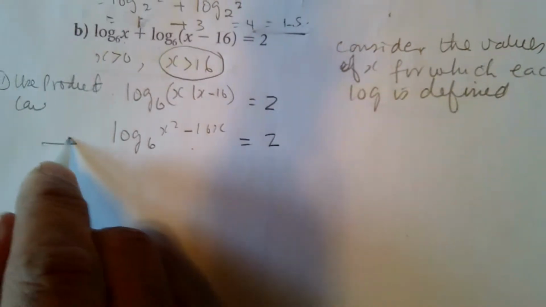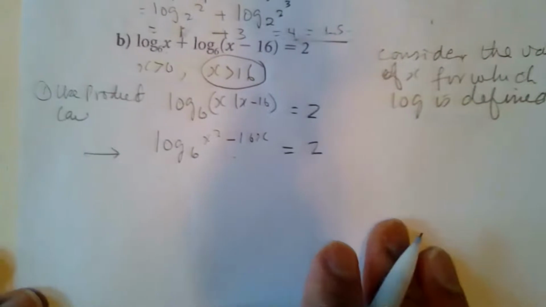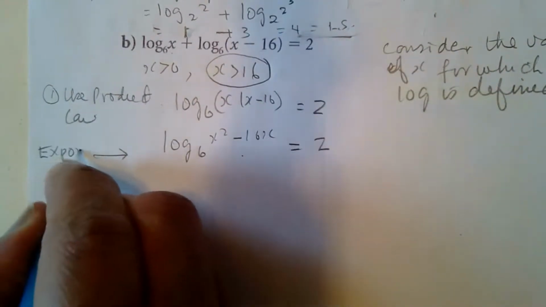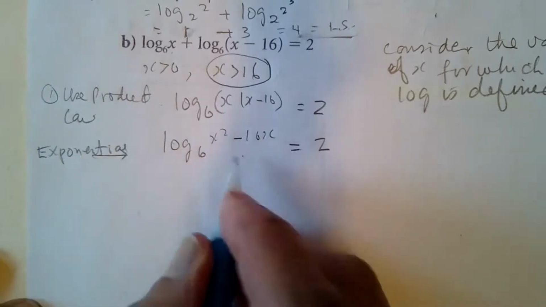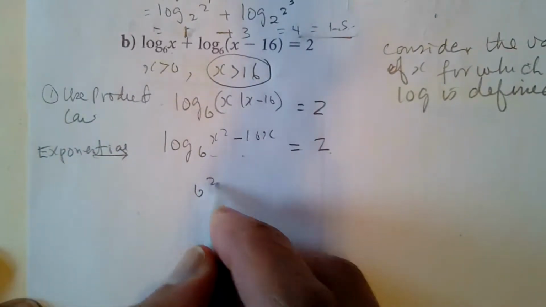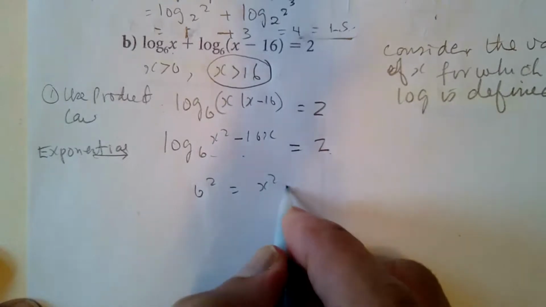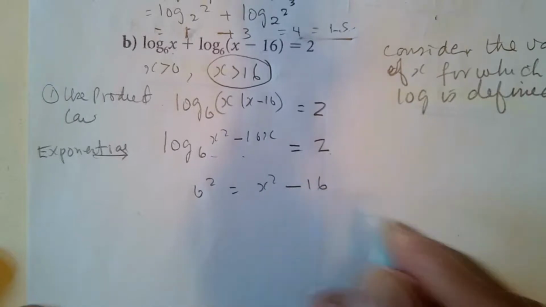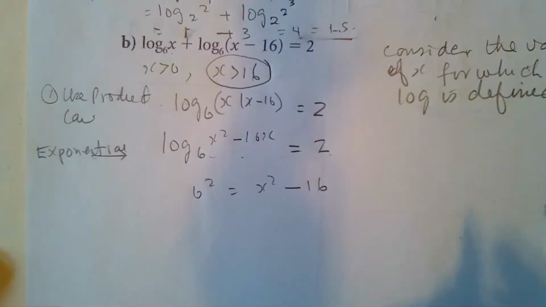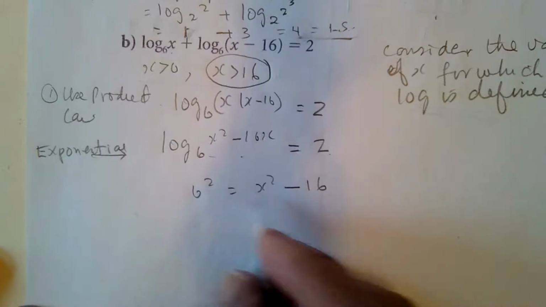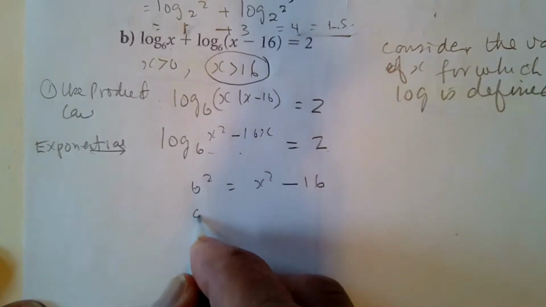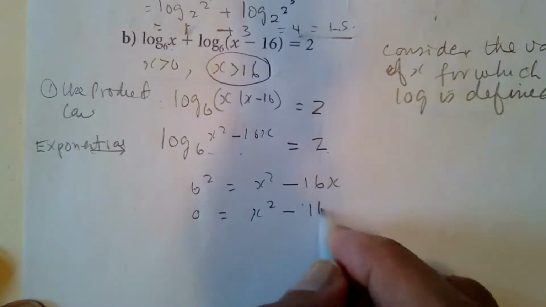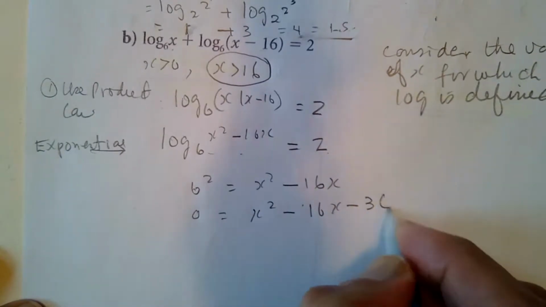Now we have to write this as an exponential. So 6 to the power 2 is equal to x squared minus 16x. So 0 is equal to x squared minus 16x minus 36.